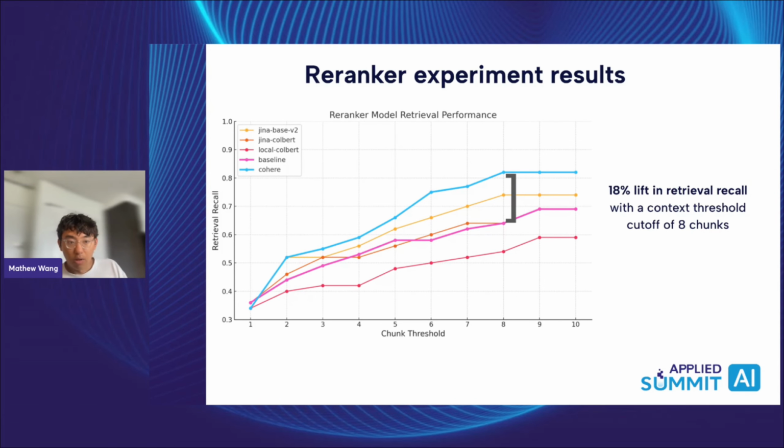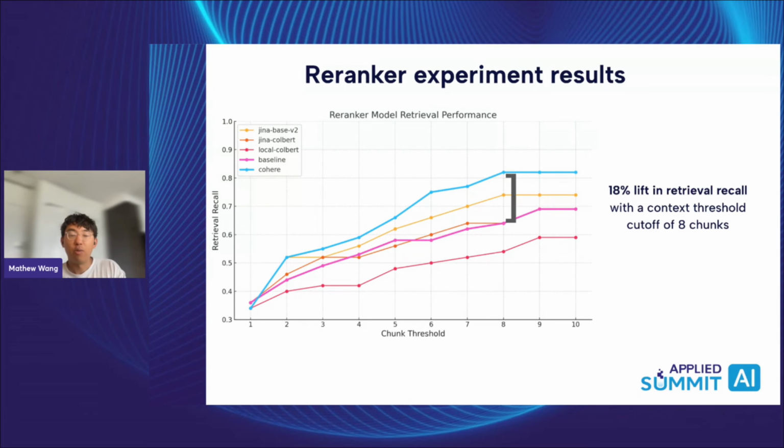On the y-axis, we call it retrieval recall, which is basically how often our retrieval system retrieves the correct answer. It's all the successful retrieval cases divided by all retrieval cases. So if your retrieval recall is 80%, that means for 4 out of 5 questions, your retrieval system would retrieve the right information to answer the question.